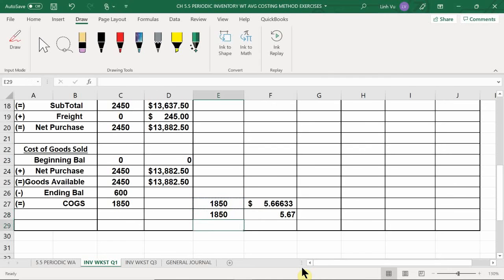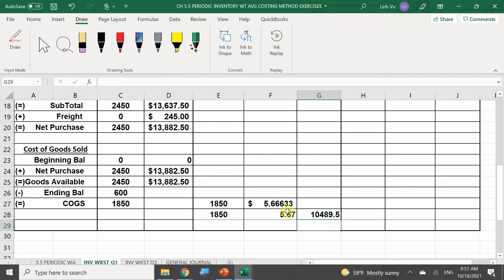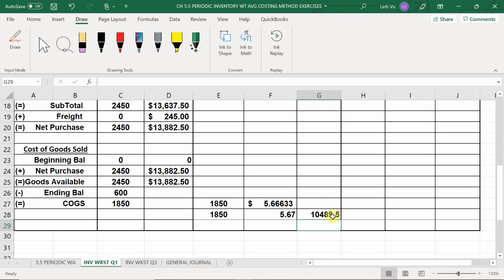If I were to sell all 1,000 items at $5.67, I'm going to get an even amount of $10,489.50. That means I cost my inventory at a higher price because I got rid of this much inventory.